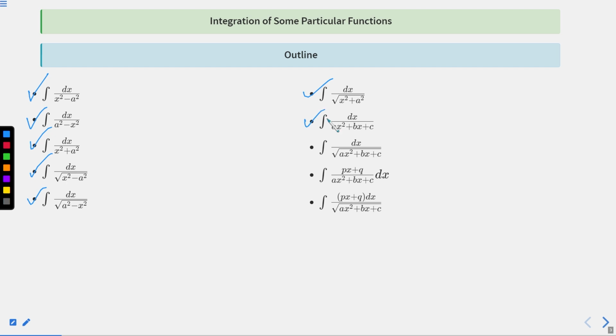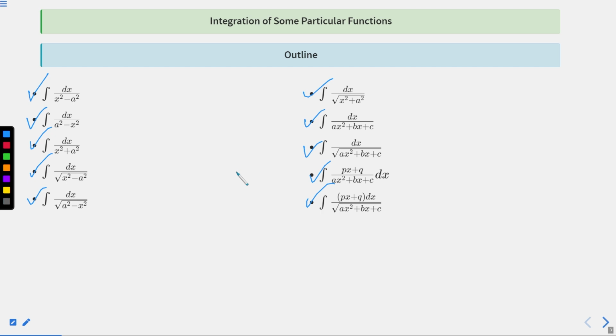If you have some quadratic form in the denominator, or px plus q in the numerator with ax square plus bx plus c in the denominator, and the last form px plus q dx divided by root of ax square plus bx plus c, then you can easily give the direct answer to that integration. Okay, clear?